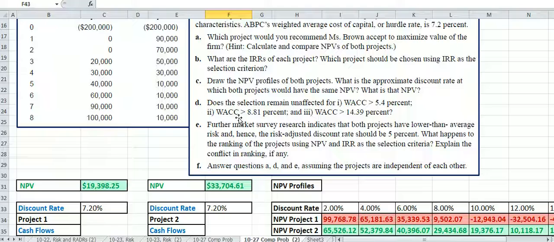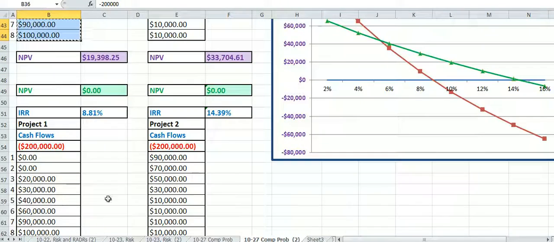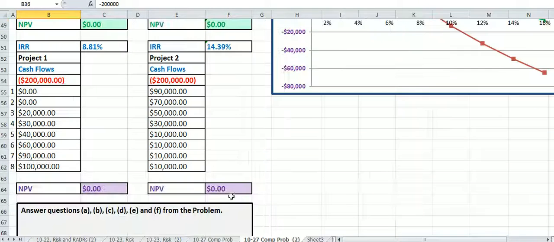Now we need to look at the internal rates of return for each project. So we just simply take our cash flows from here and copy them and put them down here. Well, I've actually already got them. So you just copy them.